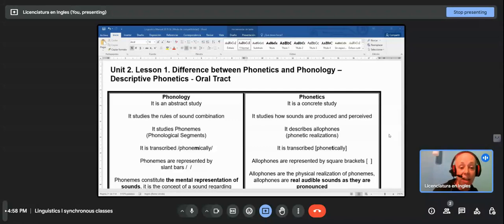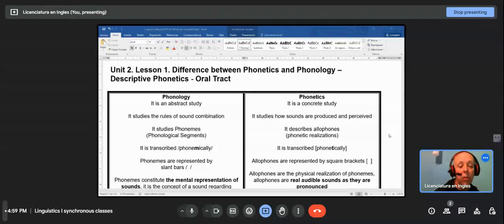While phonetics also has transcriptions, but they are called phonetic transcriptions. They are transcribed between brackets. Notice that phonemic transcriptions use slant bars, and phonetic transcriptions use brackets. And these transcriptions are just representations of the way people speak.